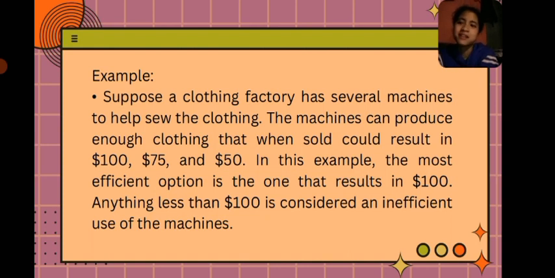Anything less than $100 is considered an inefficient use of machines. So it is necessary to maximize the utilization of limited resources. It should not be wasted. Little to no waste.